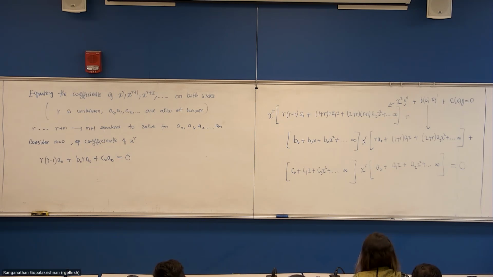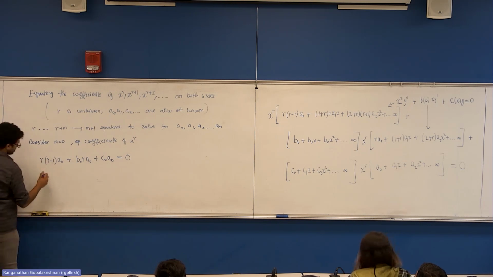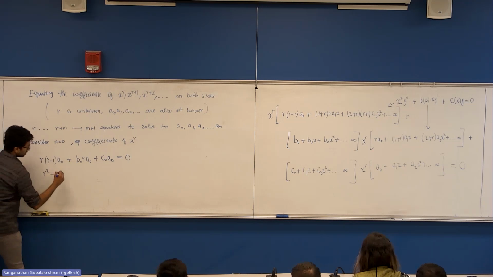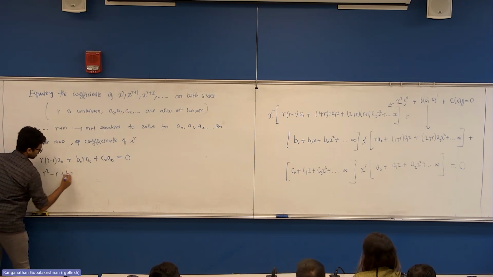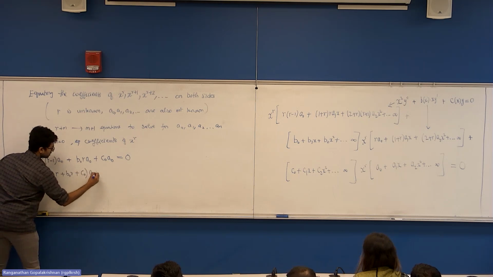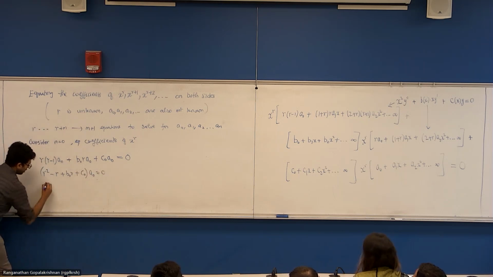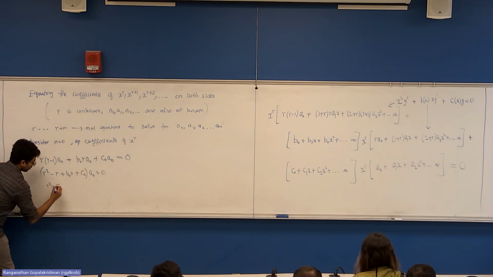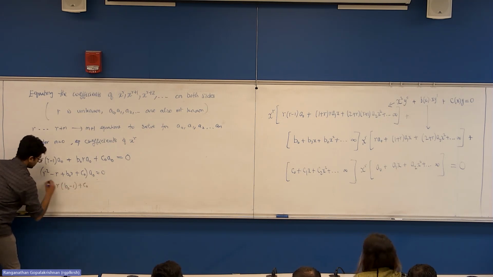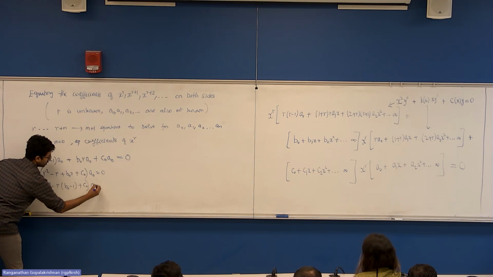Okay. This equation, of course, has a0. So you can write (r squared minus r plus b0 r plus c0) times a0 equal to 0. Or you can write this as (r squared plus r times (b0 minus 1) plus c0) times a0 equal to 0.